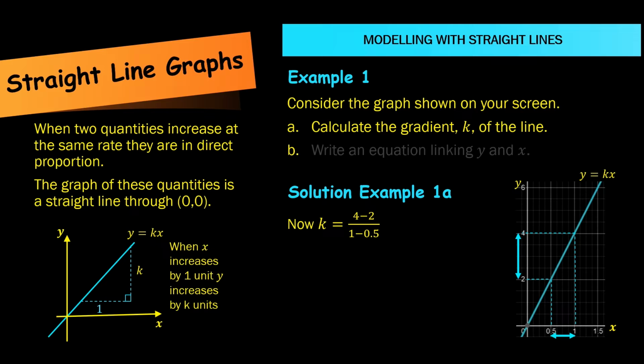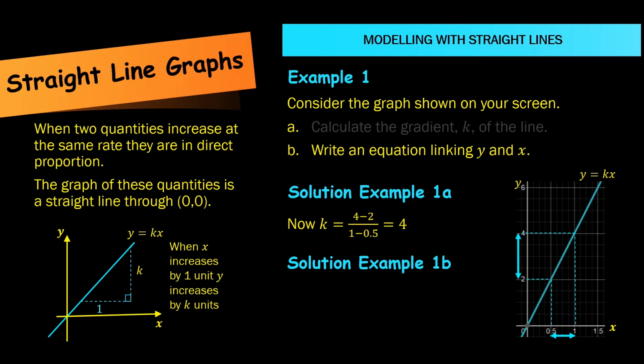Now k is the gradient of the line, so change in y over change in x. The change in the y coordinates is 4 minus 2, and the corresponding change in x is 1 minus 0.5. So therefore k is equal to 4.